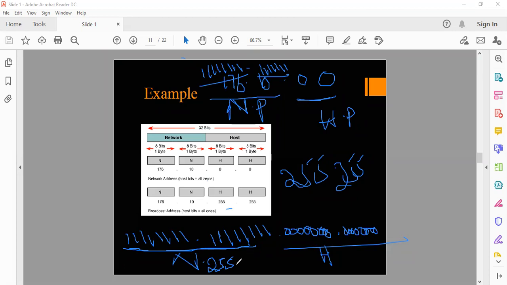What is a subnet mask? I will explain it. 255.255.0.0 is the subnet mask for class B IP addressing.